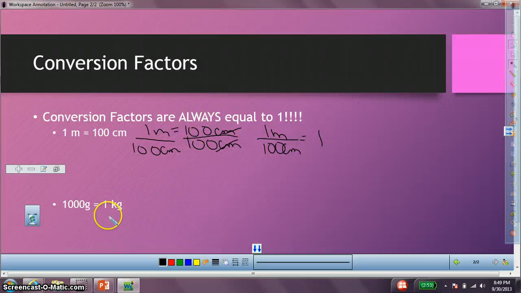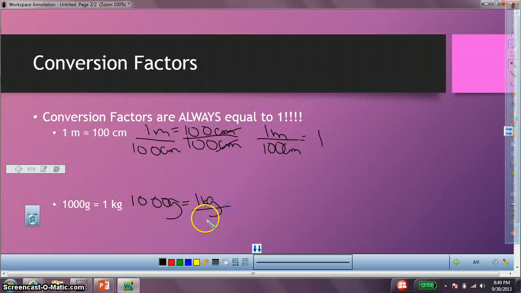In the next example, we have 1,000 grams equals 1 kilogram. Now we need to decide, do we want grams to be in the denominator or do we want kilograms to be in the denominator? I'm going to say that for this problem, we want kilograms to be in the denominator.